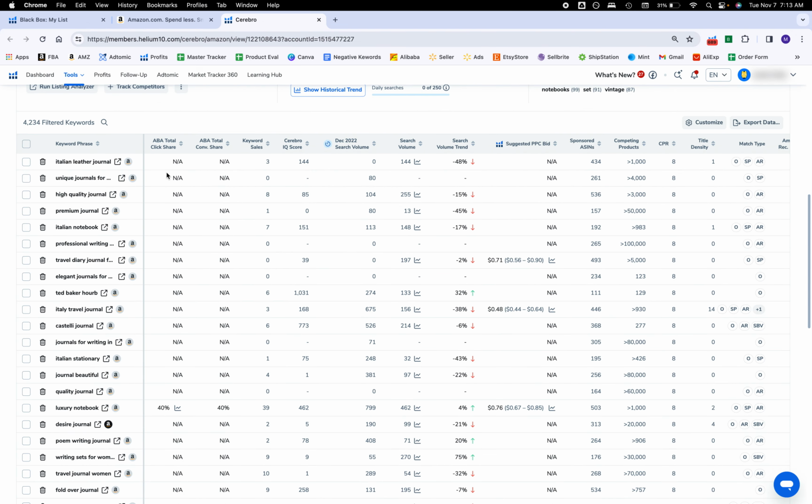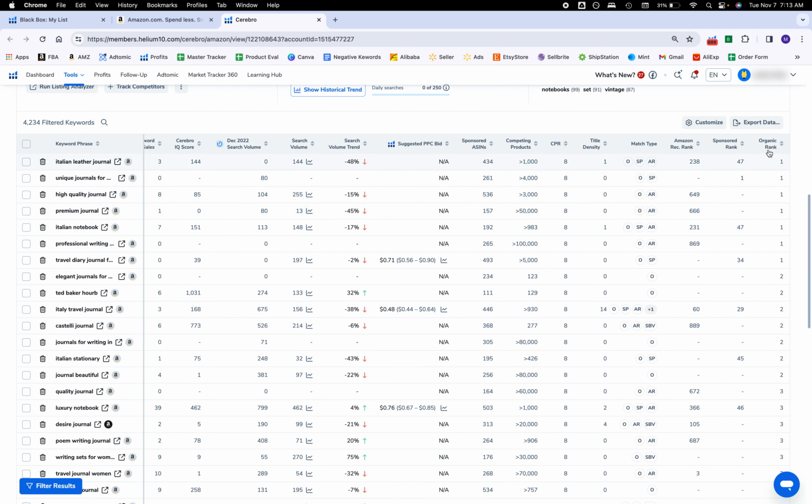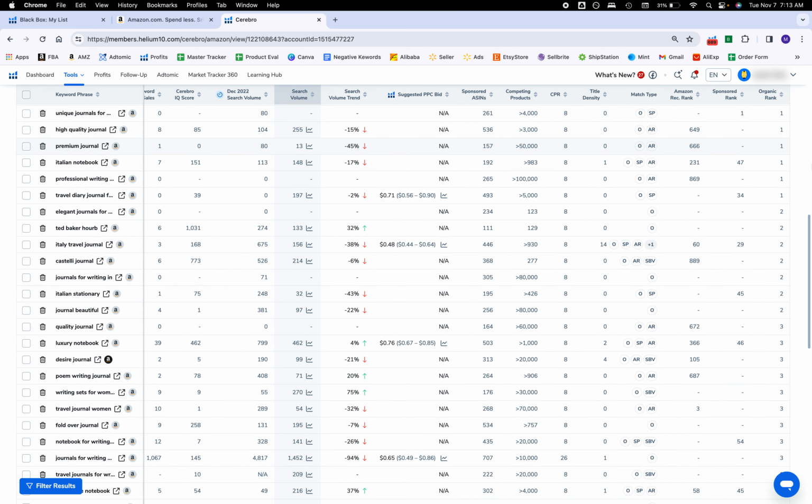So one thing I'm going to look at is what exactly is organic ranking, right? They have their organic rank here on the right, and that's number 1. And it looks like, what keywords are these? These are all small keywords that they're number 1 for. So I'm going down this list based off of their current organic rank, which is essentially what they're ranking for.